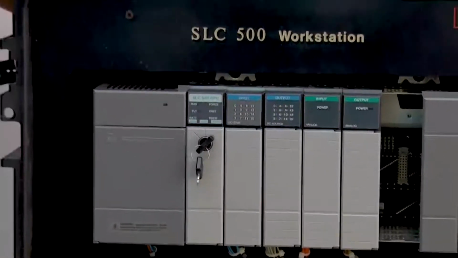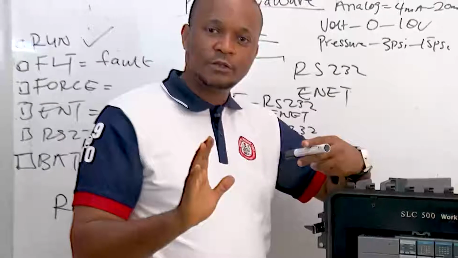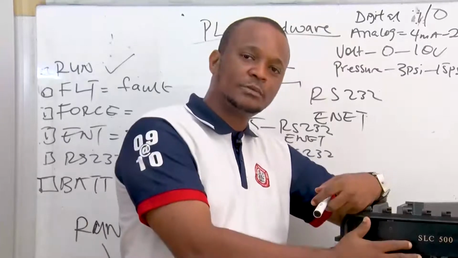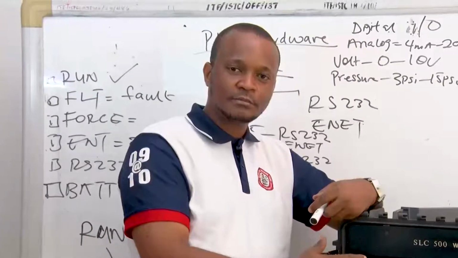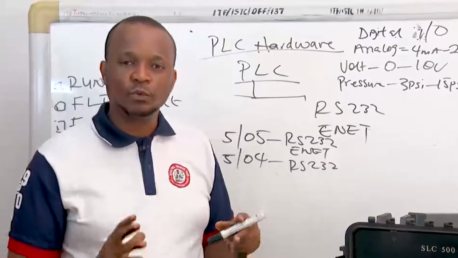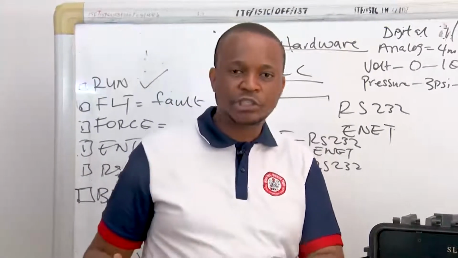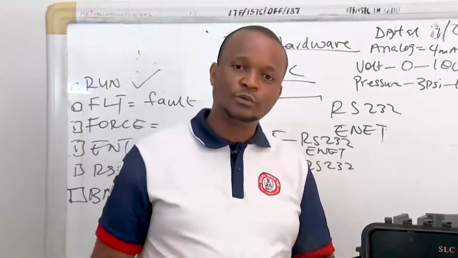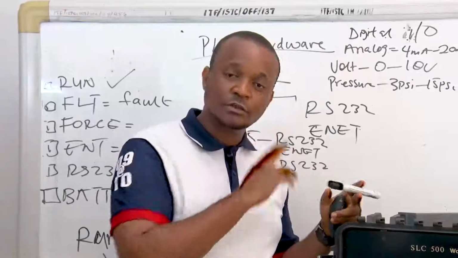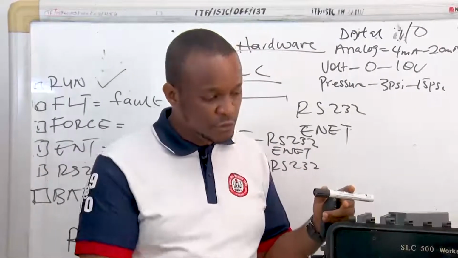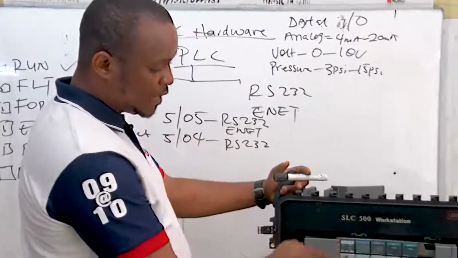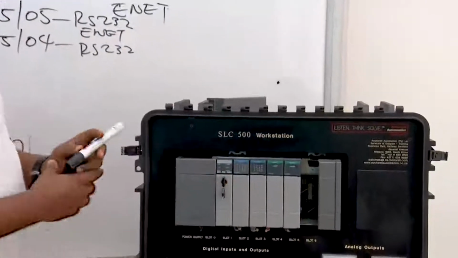When you use that terminology, you have some errors. So while you are writing that program, once it's time to send to the PLC, you download to the PLC. Some say write to the PLC. Some PLCs like the distribution, when you want to send information from the PG to the PLC, you write to the PLC, while Allen Bradley says you download to the PLC. So they all mean the same thing. When you want to take information, you upload from the PLC. So this is exactly what this does and how it operates.